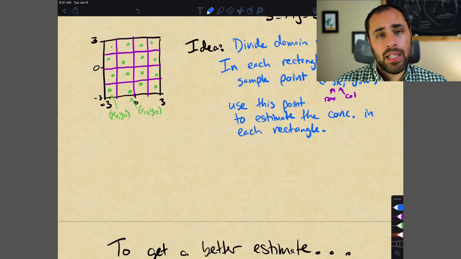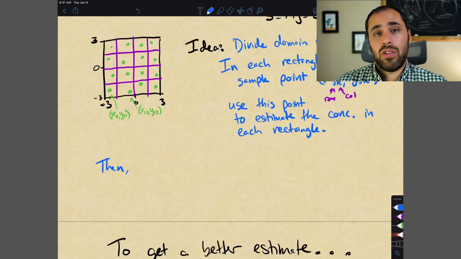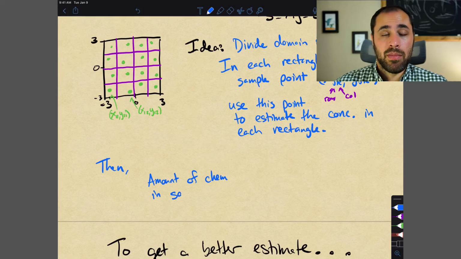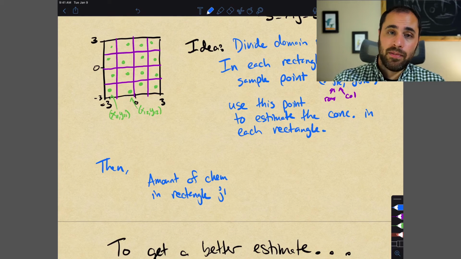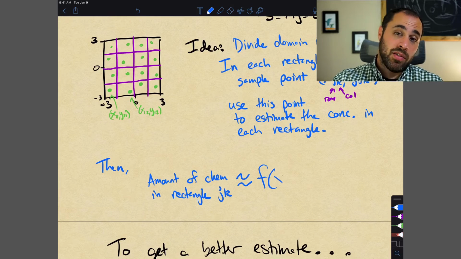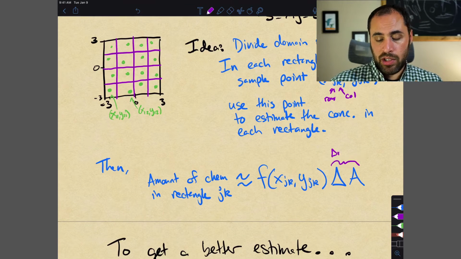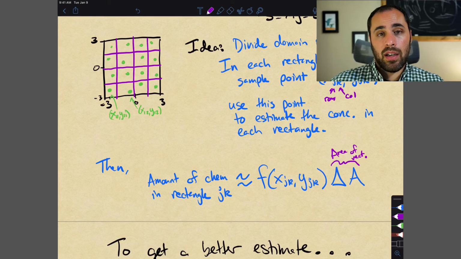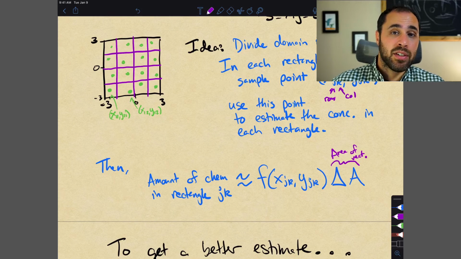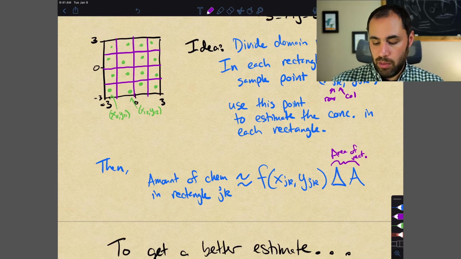And then putting it together, in that square, the total amount of the chemical would be estimated as the concentration times the size of the rectangle. The concentration is measured in kilograms per square kilometer, the area of the rectangle is measured in square kilometers, so we multiply those, the units check out.